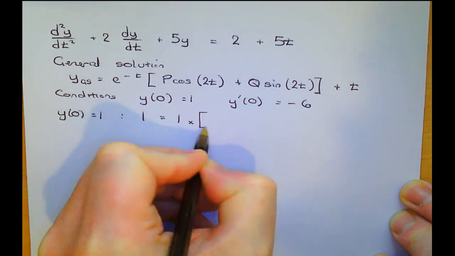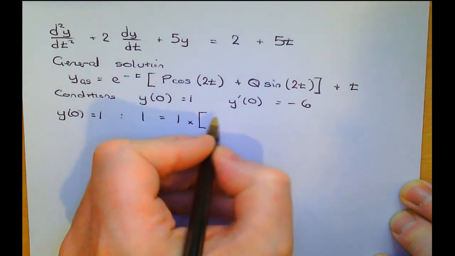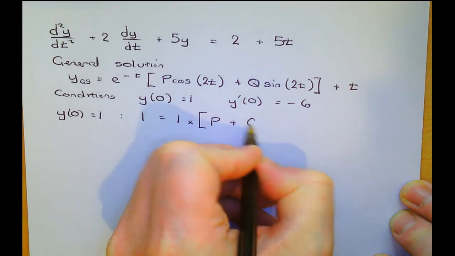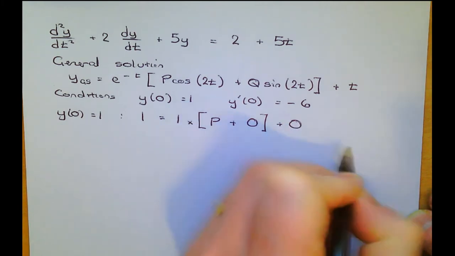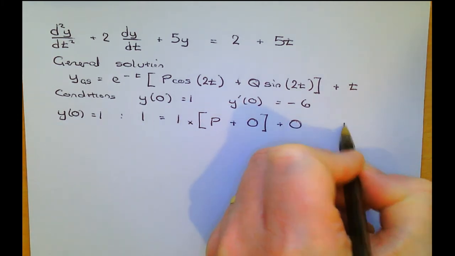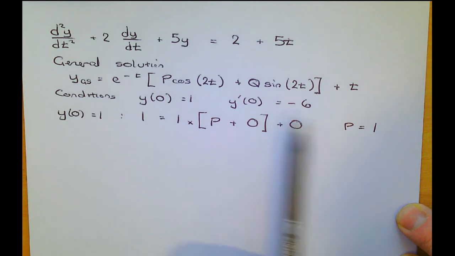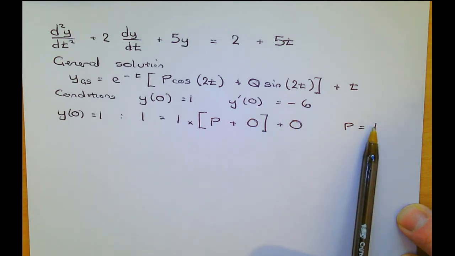And the bracket now becomes p times the cos of 0 plus q times the sine of 0 plus 0. So all that tells us the value of p. p is equal to 1. We've found one of our constants here.